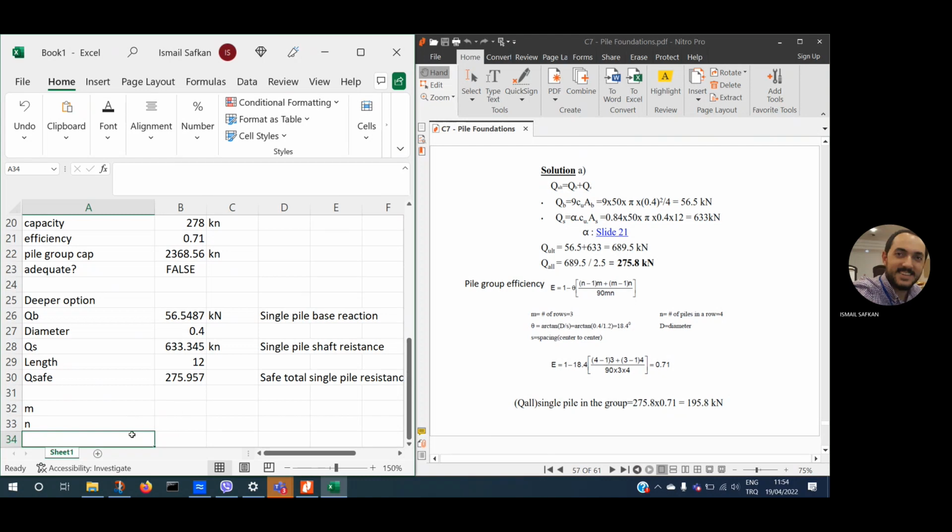M and diameter are given, and the spacing, between, from center to center. For the time being, what is the spacing? 1.2 meters.